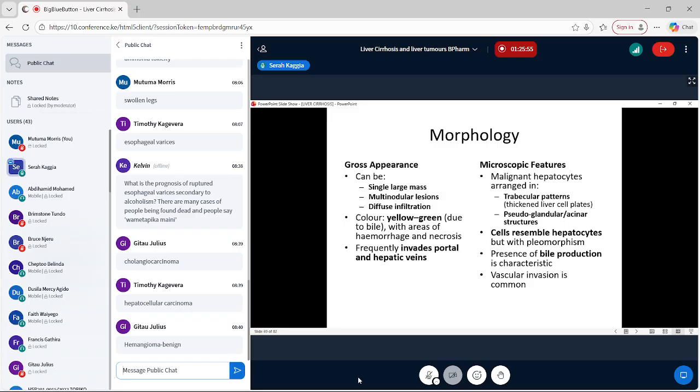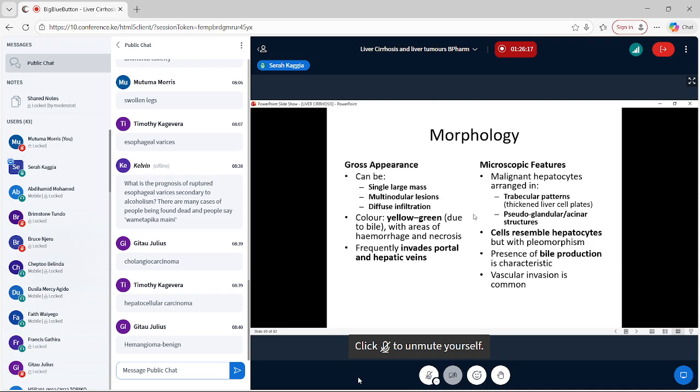The color of these masses will be yellow-green, due to bile that is there. And sometimes, because you're able to see the blood vessels grossly, you'll see it invading the blood vessels, the portal or the hepatic vein. You'll see it invading grossly.